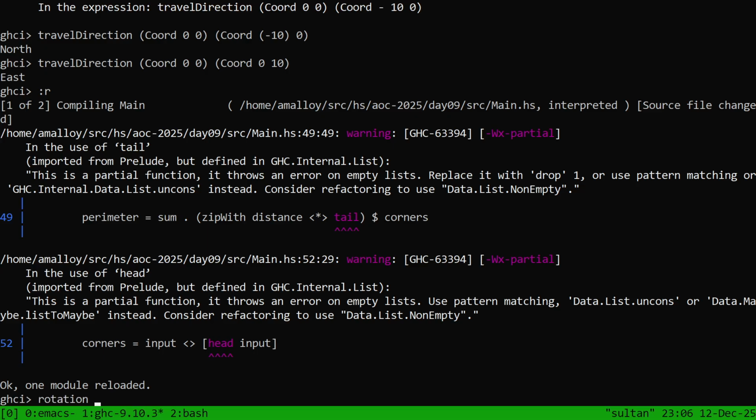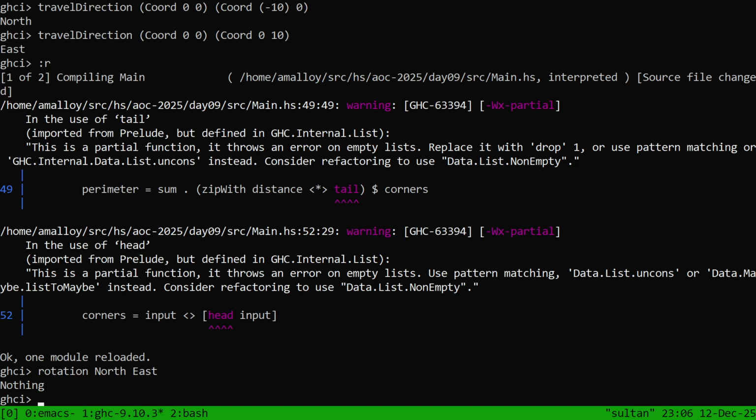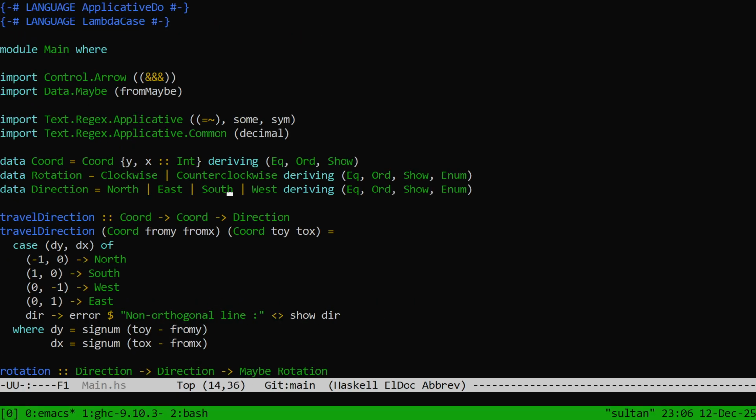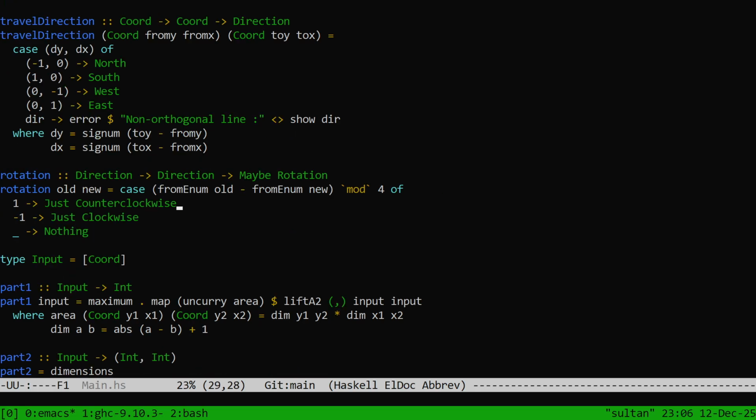So what's the rotation if you're going from north to east? This should say clockwise. Ah! Really? From enum old, old is north, right?